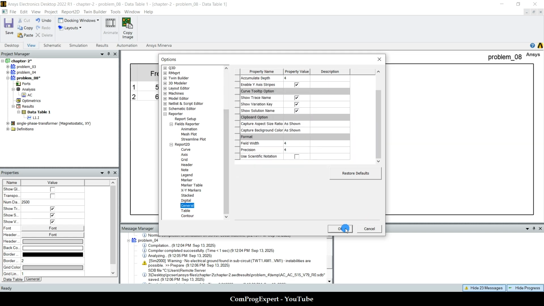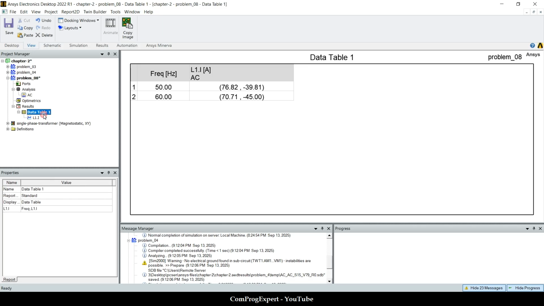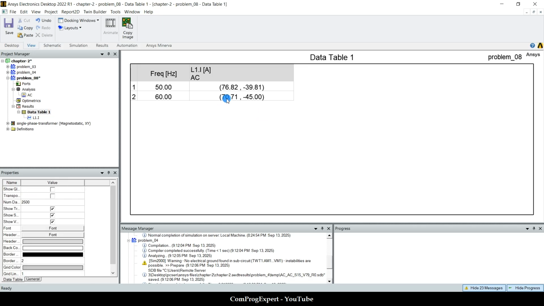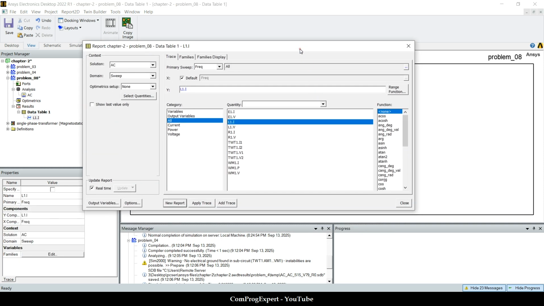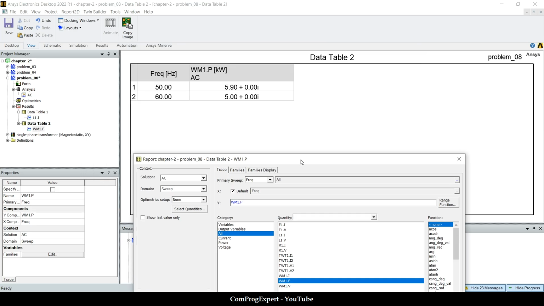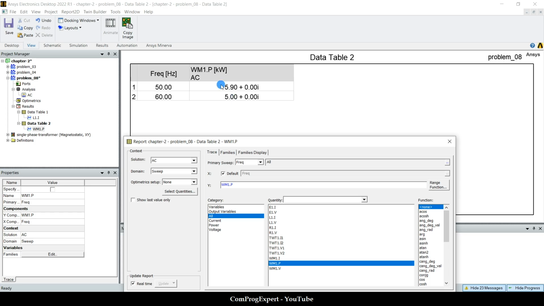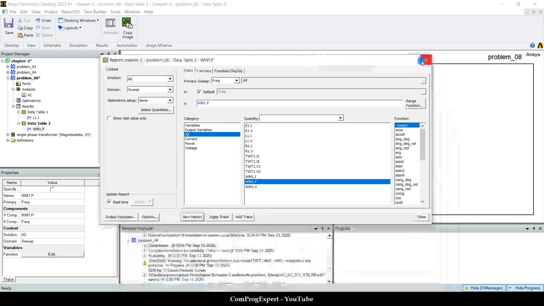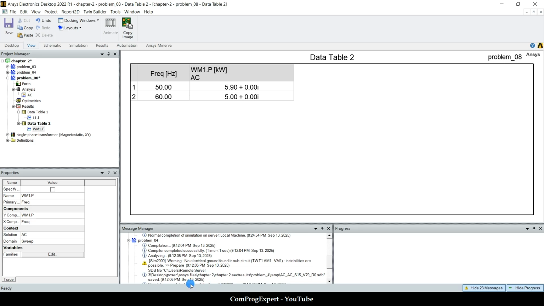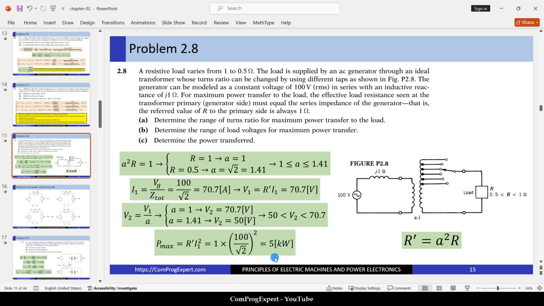Anyway, here is the value of the current, 700.7, and this is the angle of I1. Also, let's add the power, new report. This is the value of the power, 5 kilowatt. Yes, as we calculated it here, 5 kilowatt.